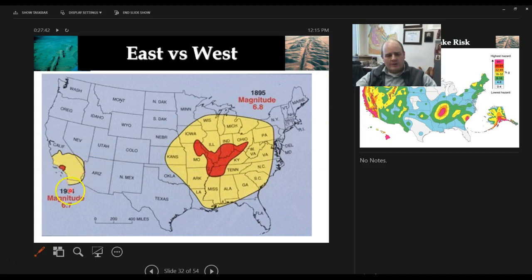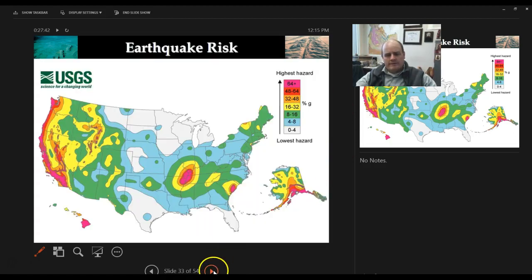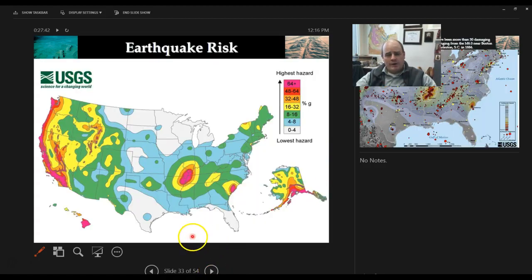So if we have an earthquake in the western United States, it stays more local, whereas if we have them in the eastern United States, they actually get spread out over a much larger region. This is part of the reason why earthquake risk in the eastern United States can be greater, because they travel further throughout the subsurface, whereas in the western United States they don't travel as far because of the geology underfoot.